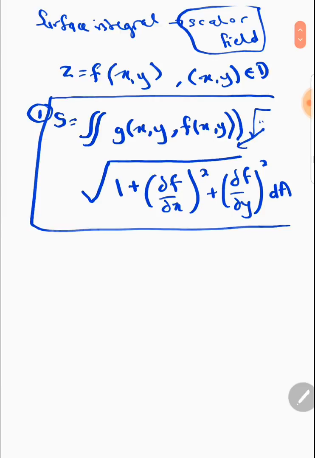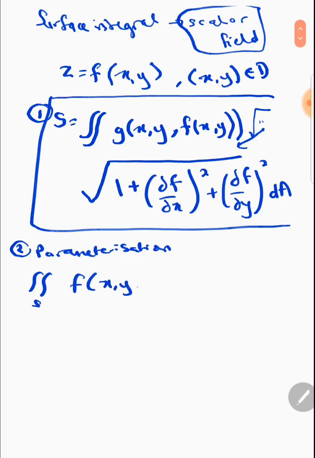And for method 2, as you can remember clearly, that would be for parameterization, isn't it? Usually used for my cylindrical object or my spherical object. So in this case, my surface integral of f(x, y, z) dS will then be equivalent to, and this also applies here, where you are given a function of x, y, and z, because over here we're talking about scalar field.